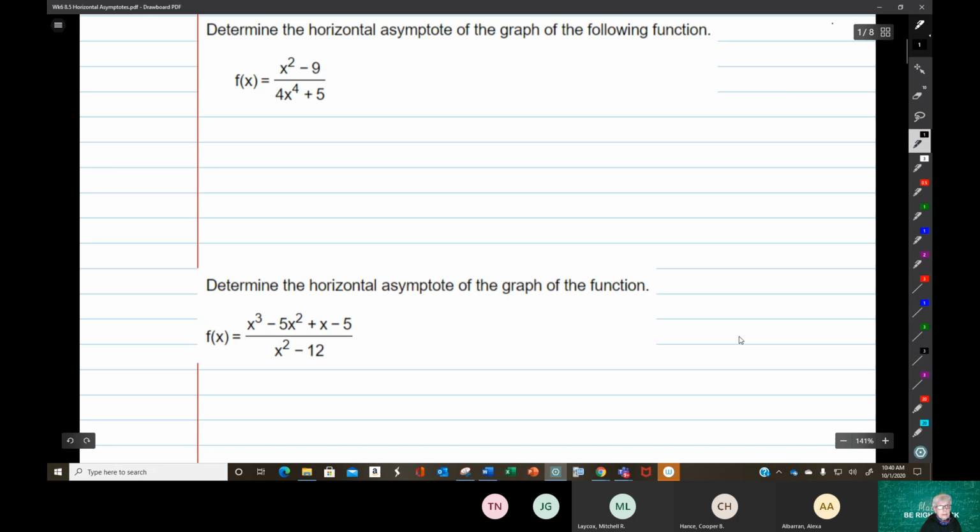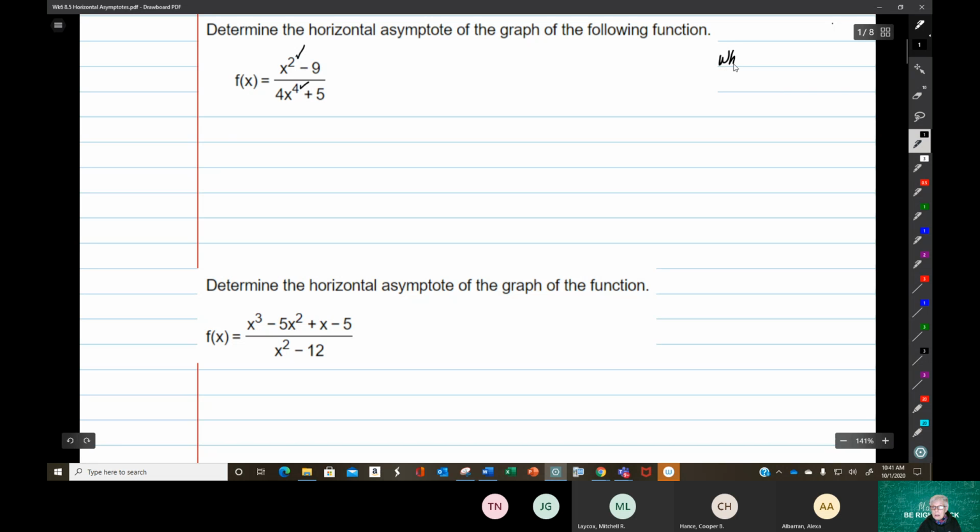Next horizontal asymptote. Here we have a rational function. The numerator is x squared minus 9. The denominator is 4x to the 4th plus 5. Notice that the degree of the numerator is less than the degree of the denominator. Very important.